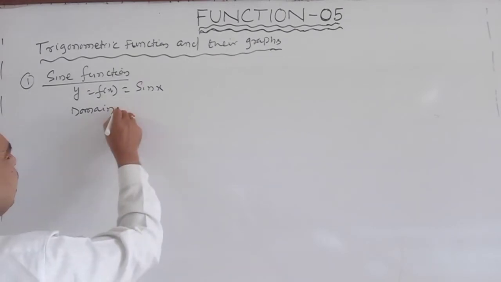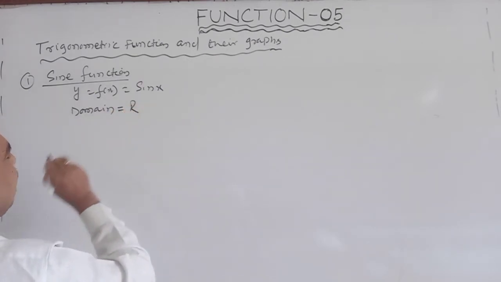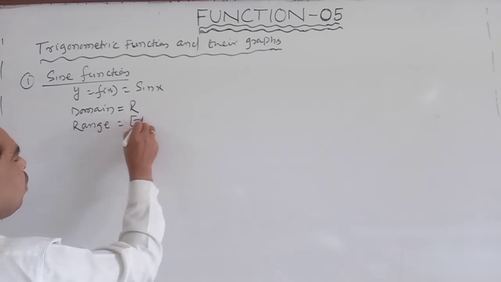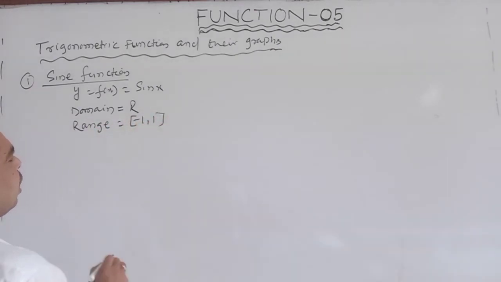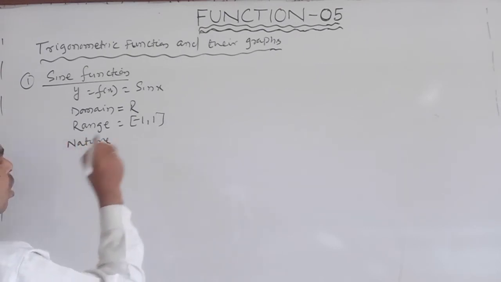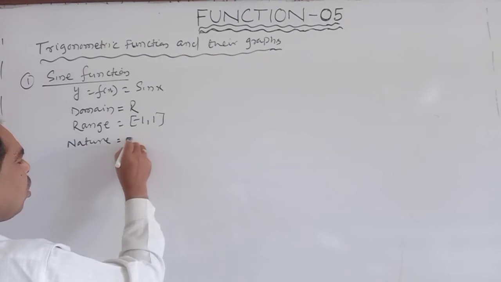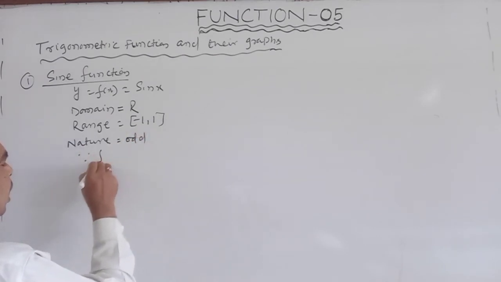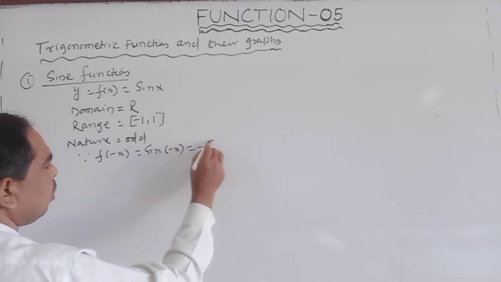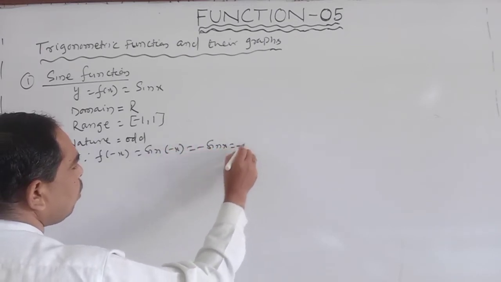Domain is equal to the set of real numbers R. Range is equal to -1 to +1. Okay. Nature means odd or even. Odd means f of minus x is equal to sin of minus x, which is equal to minus sin x, which is equal to minus f(x).